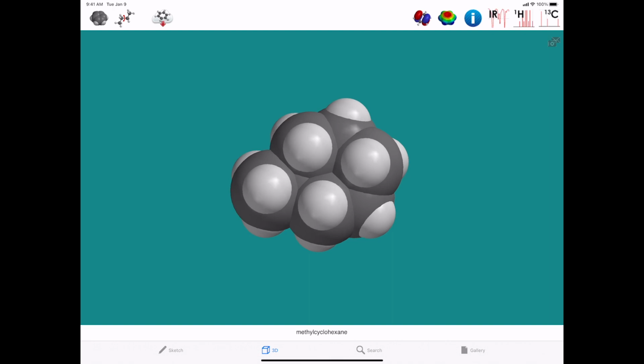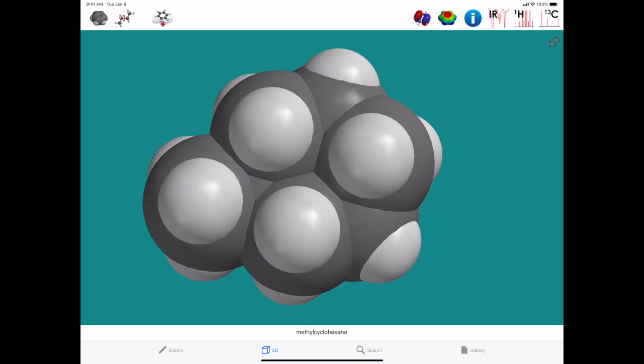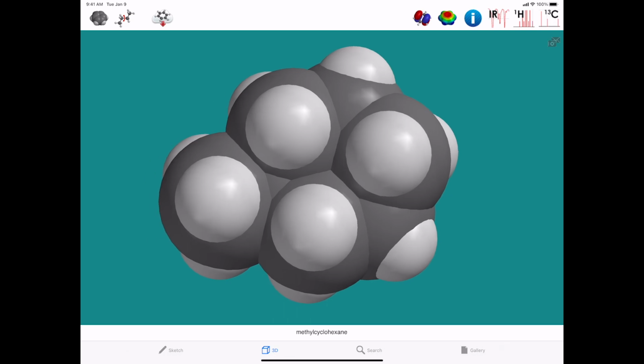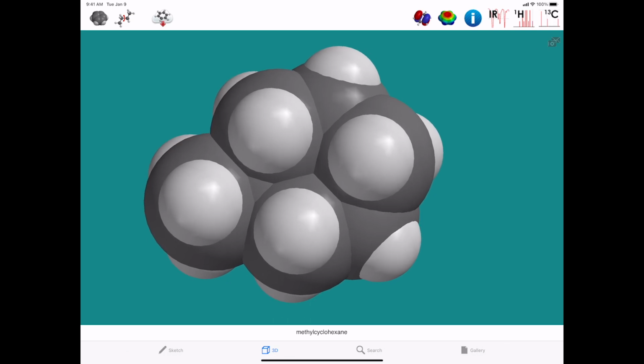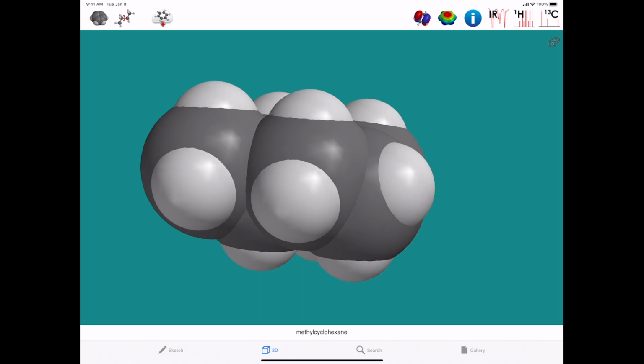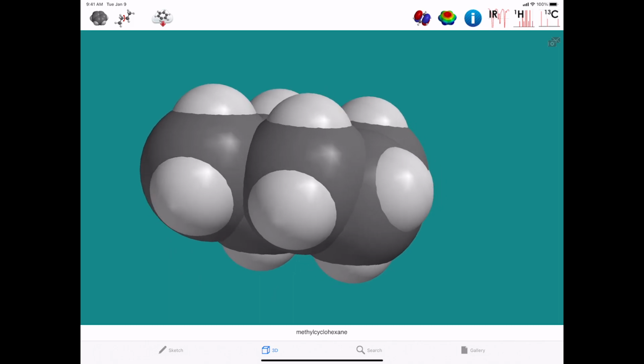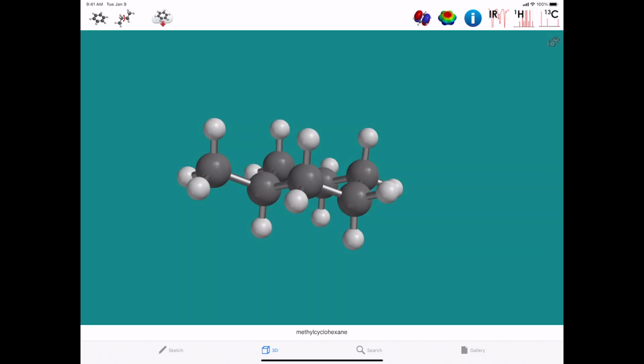All right, so in the space filling model, you can see the hydrogens that are pointing directly towards you are the 1, 3, and the 5. Those are axial. And the methyl group is at an up equatorial position. I'll turn off space filling so you can see ball and sticks.